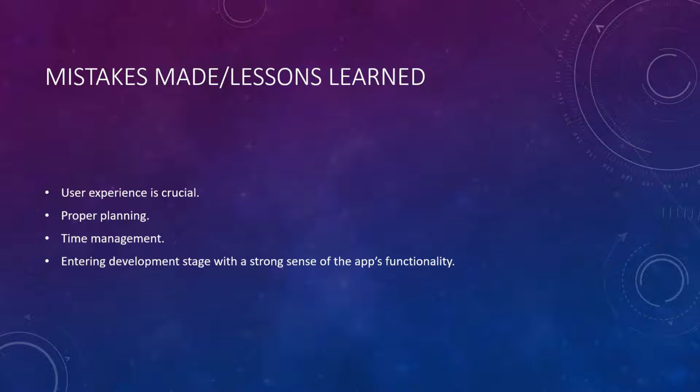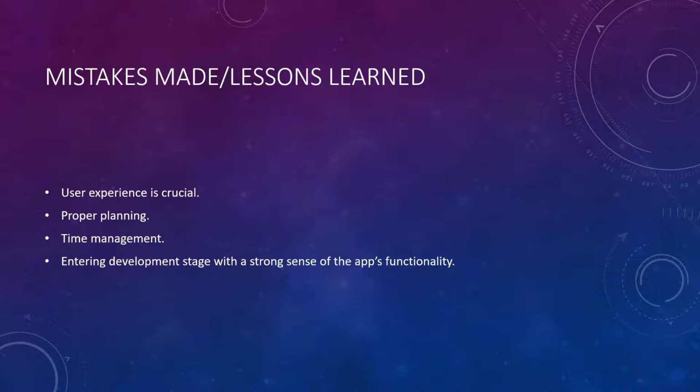And the last thing is entering the development stage with a strong sense of the app's functionality. So I kind of had an idea of what I wanted to do, but I found that as I developed the app, more and more problems were arising with my vague definition of what I want the app to do.